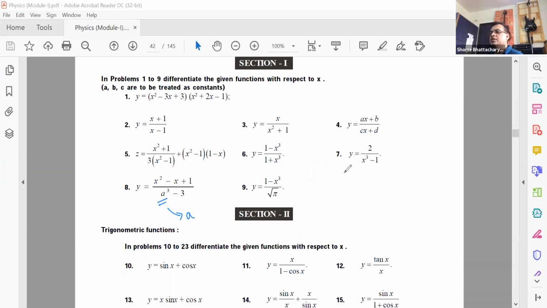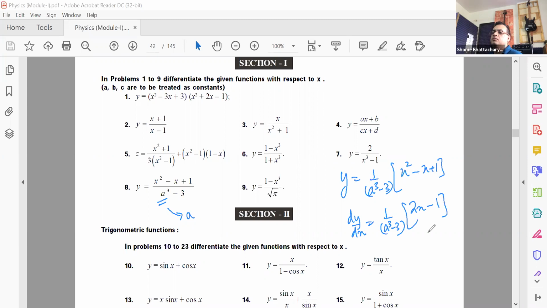So when you differentiate it, this is just like 1 by a cube minus 3, which is basically a constant, into this function. Understood now? So when you're differentiating, take the constant outside and differentiate this function. So derivative of x square is 2x, derivative of x is 1, and derivative of 1 is 0.